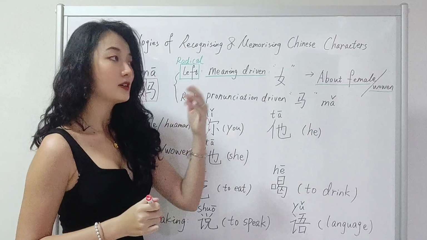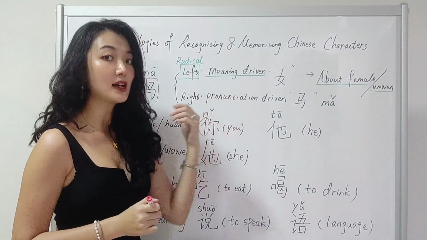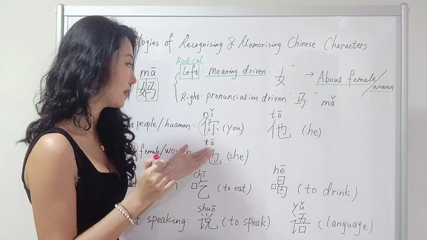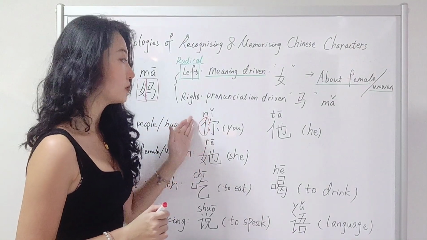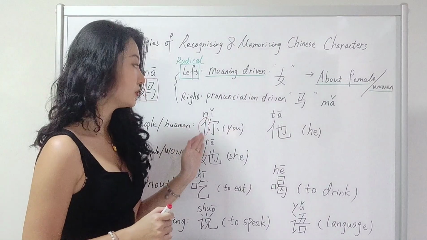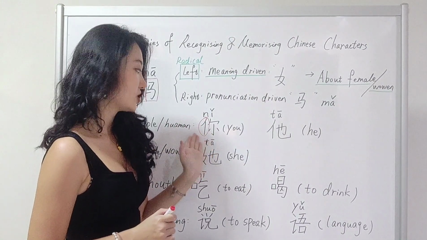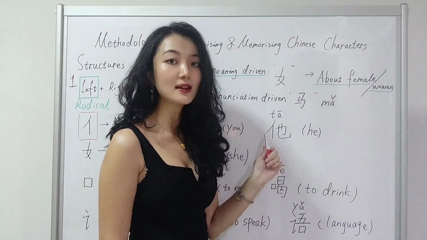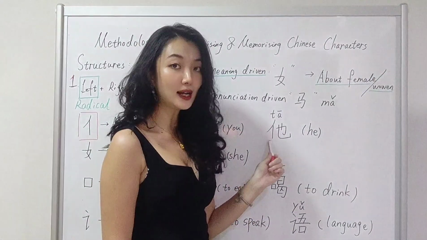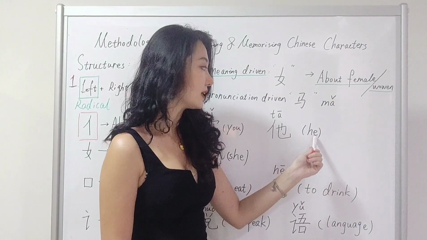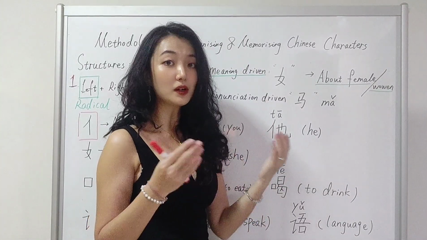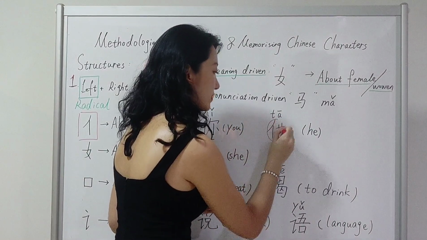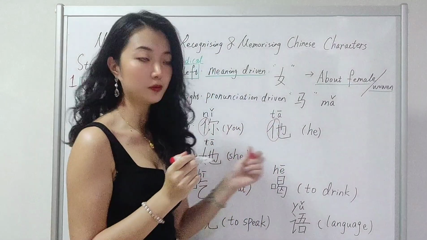So it means you as a person is obviously falling into this human related category. So this radical is actually a hint for you to memorize this Chinese character. Second one, pronunciation is ta. It means he. He is also a human, right? So it also shares this left radical.